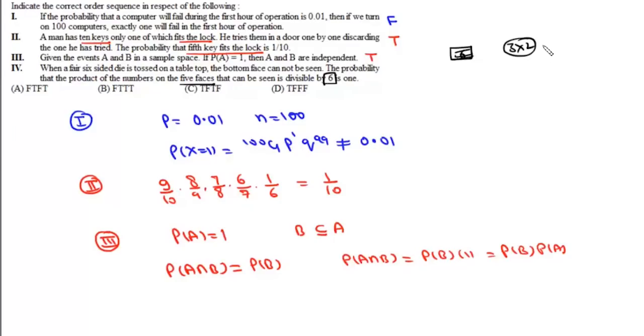That means this product will always be divisible by 6. And if it is not 6, then in that case, it will have 6 on one of the face. Therefore, this product will again be a multiple of 6. So it is true for any case. So this probability will always be 1. So that means this fourth option is also true. So answer to this question is false, true, true, true. And that's your option B.